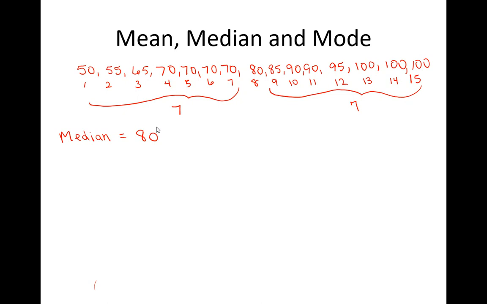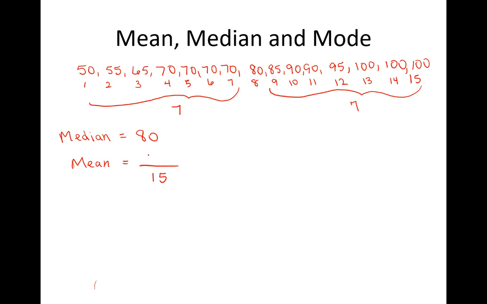That's the middle point. If I want to get the mean, I need to add all of those test grades up and divide it by 15 because 15 students took the test. So get out my calculator, 50 plus 55 plus 65 plus 70 plus 70 plus 70 plus 70 plus 80 plus 85, 90, 90, 95, 100, 100, 100.